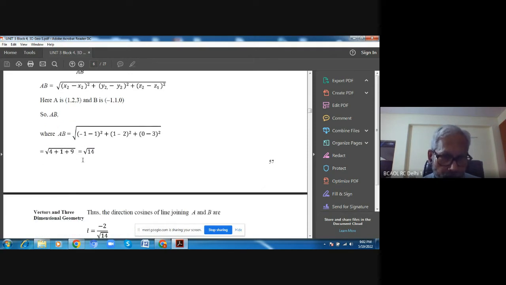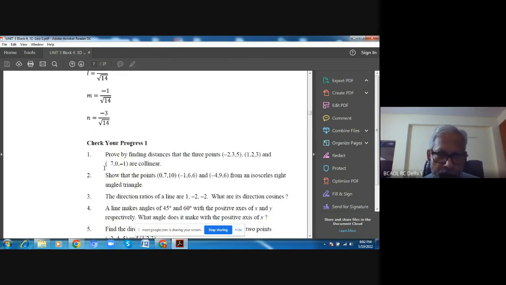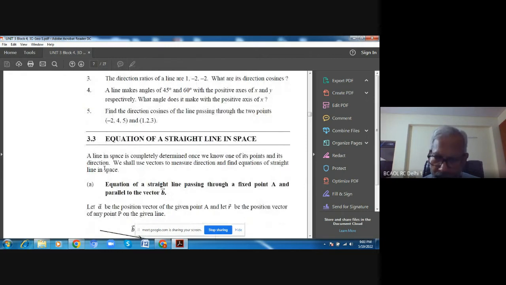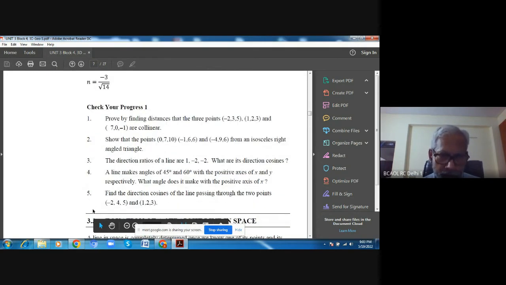Then here, in the study material, you may check your progress, and you should practice it. 1, 2, 3, 4, 5. There are 5. Check your progress, you definitely have to.